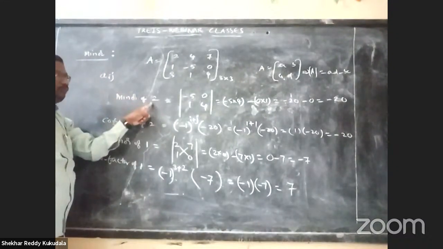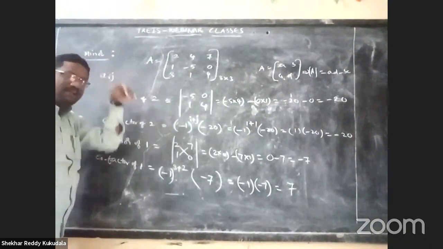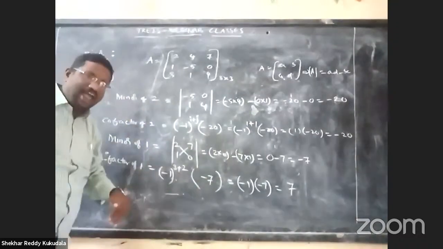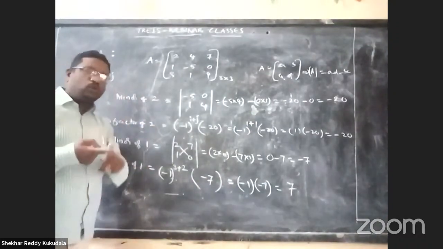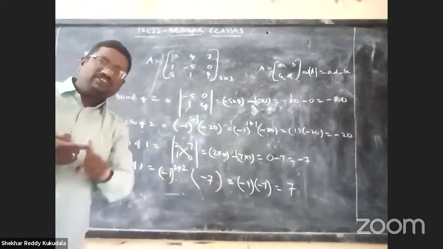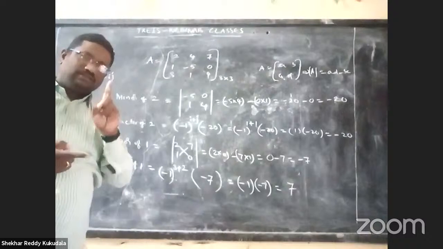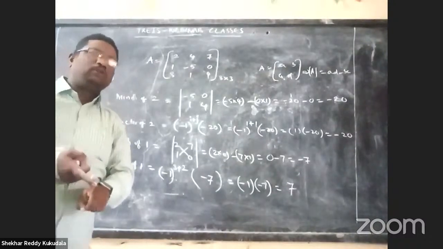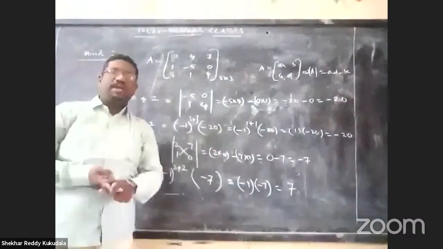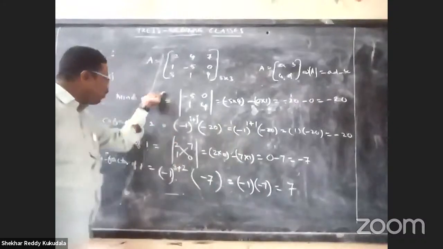The minor of an element is defined by deleting the row and the column in which the element is present, and the determinant of the rest of the 2 by 2 matrix is called the minor. Now, what is meant by cofactor?